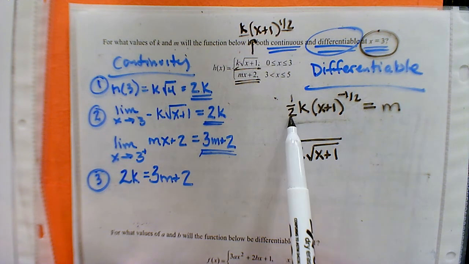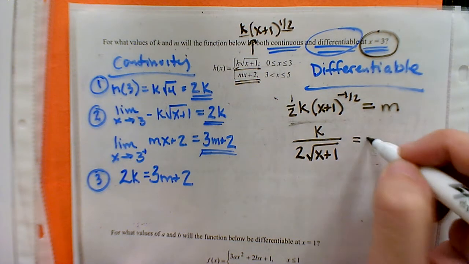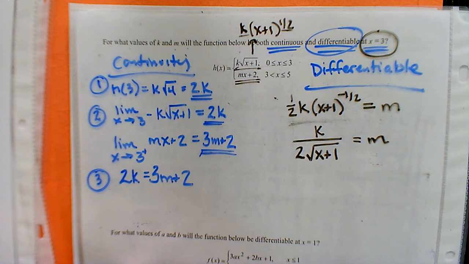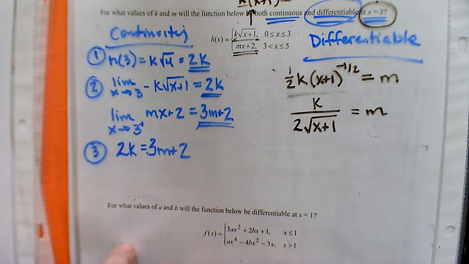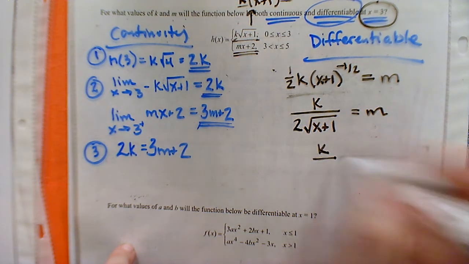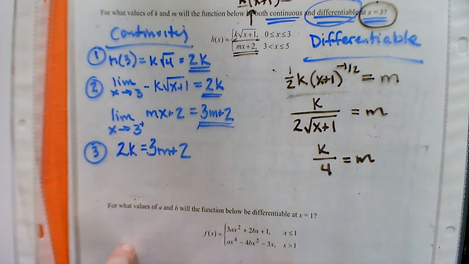The 2 is coming from the 1/2, 2 in the denominator, and we're left with a k up top, if you wanted to rewrite it. All right, so if we were to plug in 3 for x, what would we have left? K over 4 equals m.